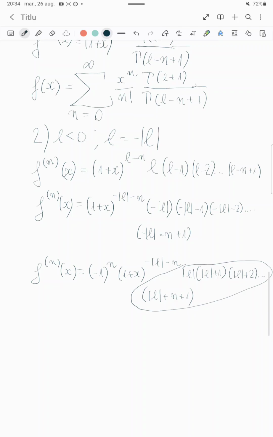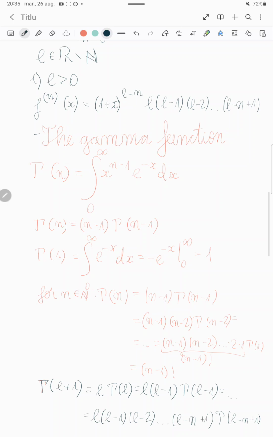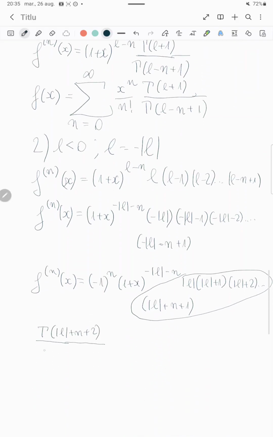But there's no problem with that, because, as we can derive from this recursive relationship, the gamma of the absolute value of L plus n plus 2, divided by the gamma of the absolute value of L, is equal to this nasty product, which is the absolute value of L times the absolute value of L plus 1 times the absolute value of L plus 2 times ... times the absolute value of L plus n plus 1.